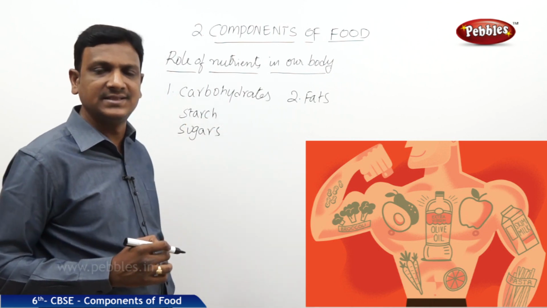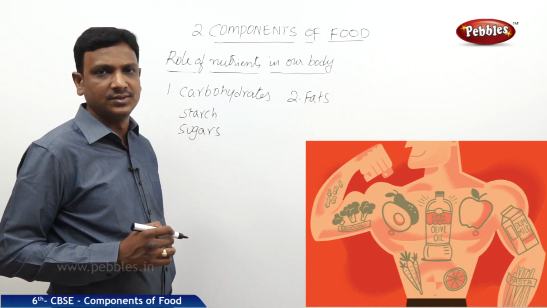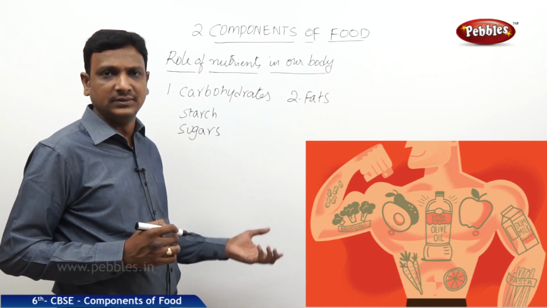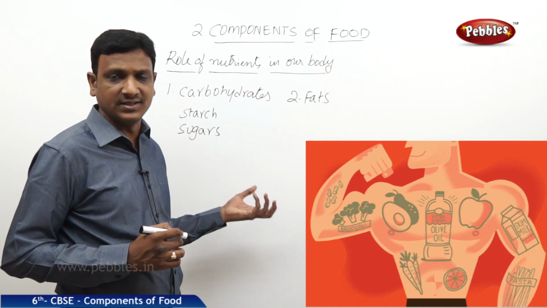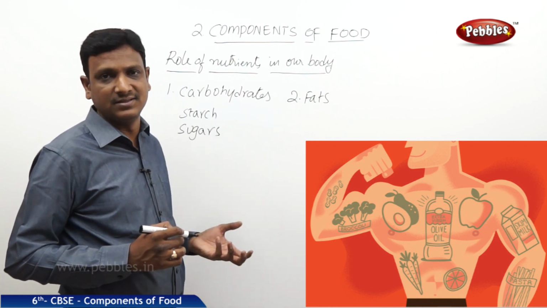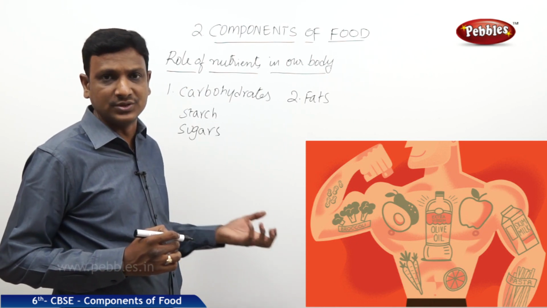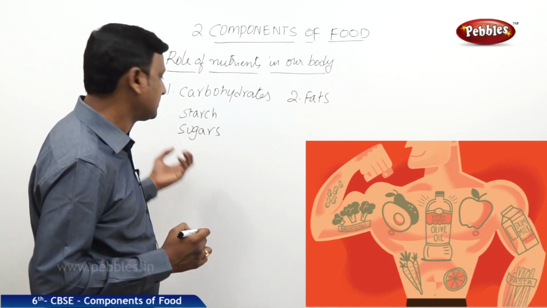Starch is found in rice and wheat. Bread is made out of wheat. Pulao and biryani are made out of rice, which contains starch, and even the steamed rice you mix with curries and eat. The rice flour is used to make dosa, idli, so that is also starch.